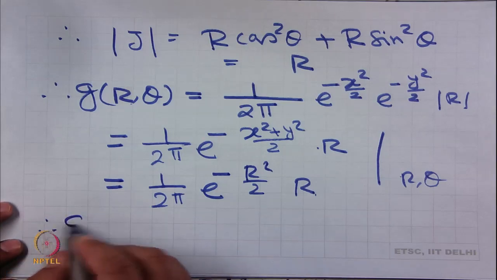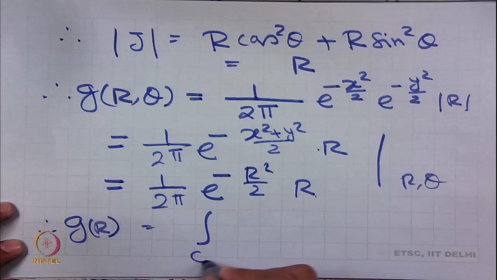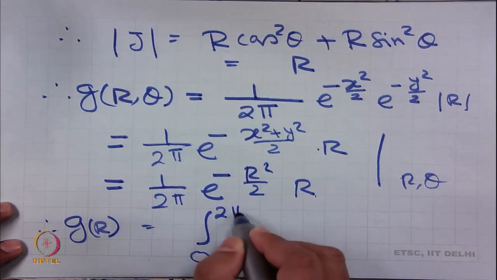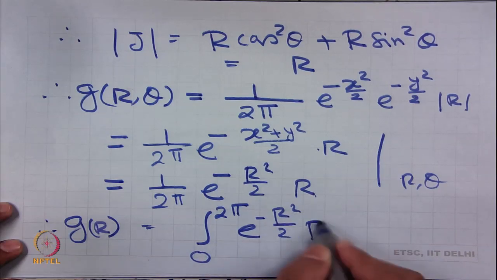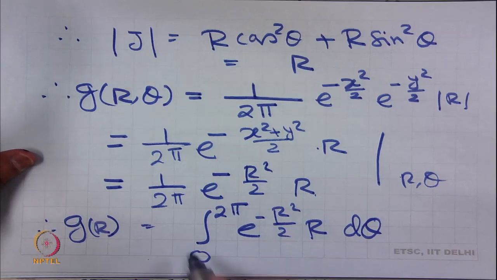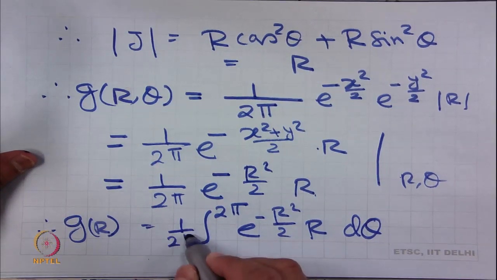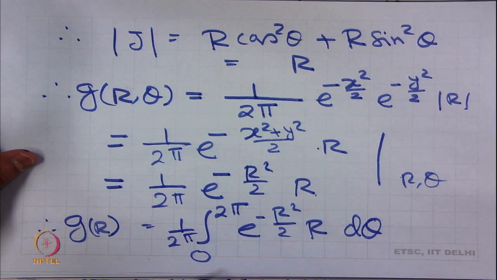Therefore, g of r is equal to, now I have to integrate out theta from 0 to 2 pi, e to the power minus r square by 2 into r into d theta, and therefore this 2 pi is cancelled.